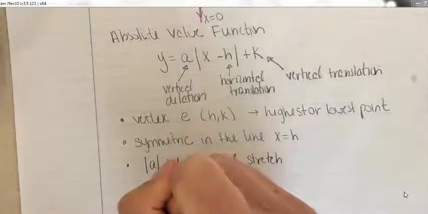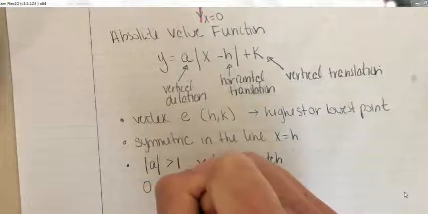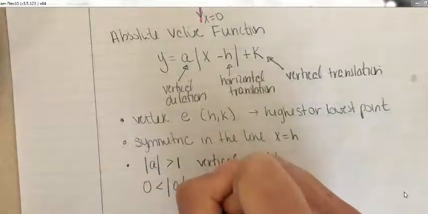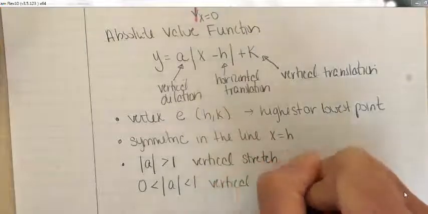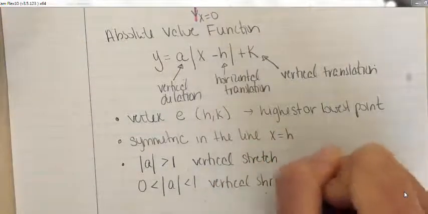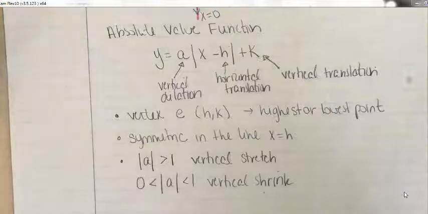However, if that absolute value of A is in between 0 and 1, then we have a vertical shrink, or in other words, it gets shorter. Right now, we won't talk about horizontal stretch or horizontal shrink. I'll save that for pre-calculus.